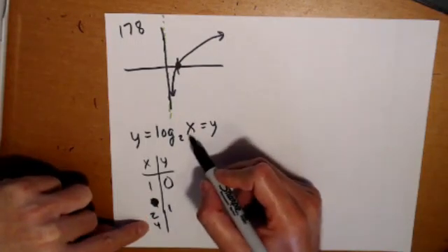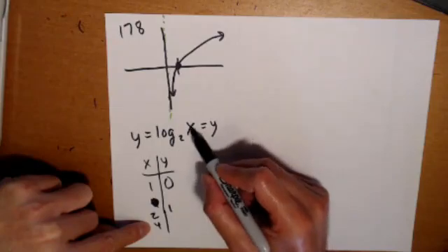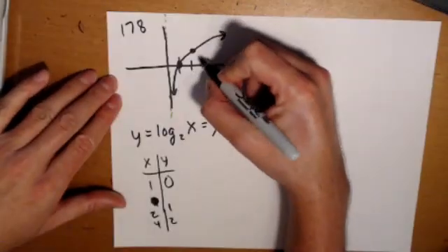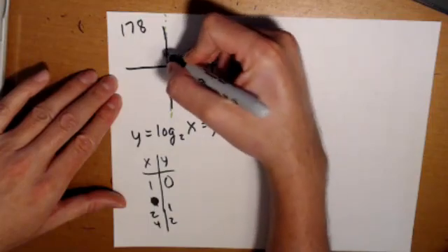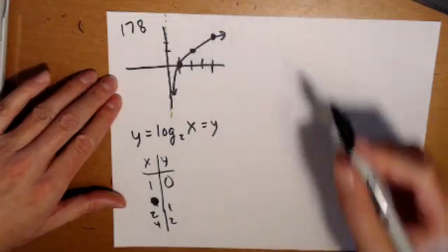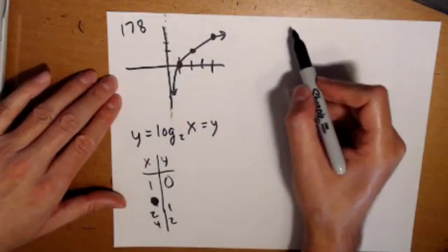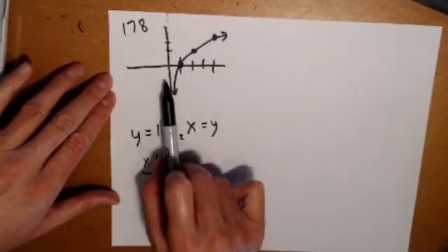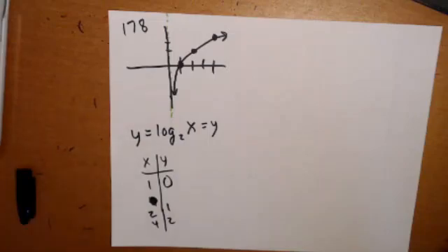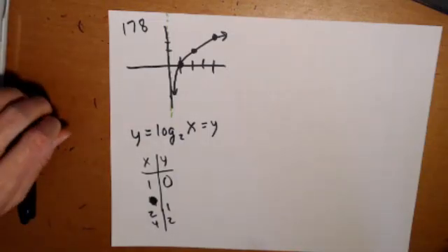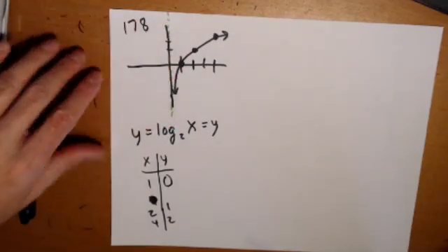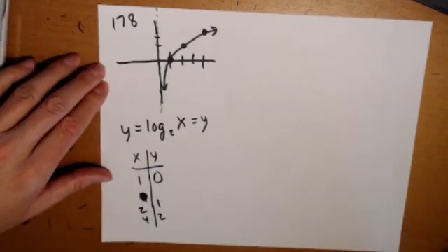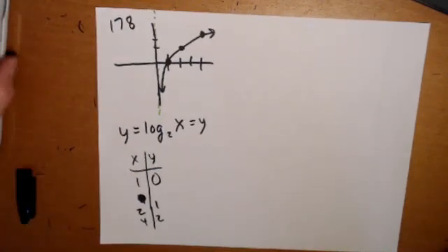If x is 4, 2 to what power gives me 4? 2. So at 2, we're at 1. At 4, we're at 2. So you see how it's kind of growing slowly. And you're not going to have any negative values for x. Okay, just plot some points, get familiar with it, but it might be best if you just sort of accept that picture. Kind of like you accepted it for the exponential.